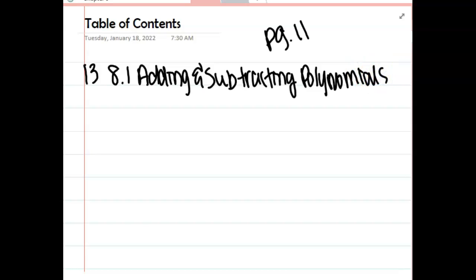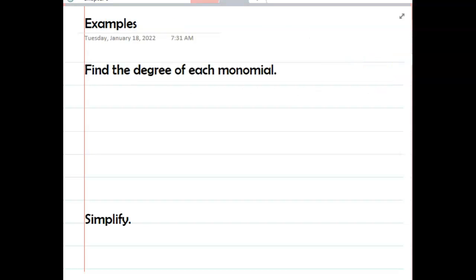Adding and subtracting polynomials. Alright, so we're going to do 3 things today. Find the degree of a monomial, we're going to simplify it, and then find the degree of a polynomial, and then on from there. So these first ones, super incredibly easy, or should be. So to find the degree of a monomial, remember monomial is just one term.